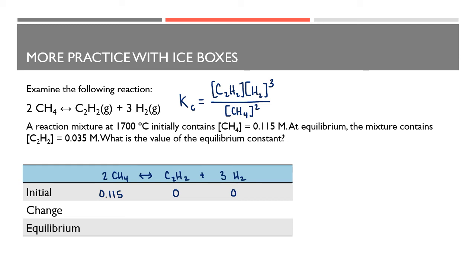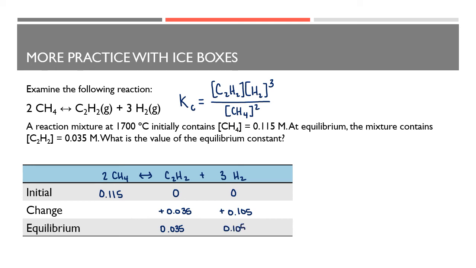So I'm entering in my initial values. I started with the reaction, I'm entering in my initial values, and then the final value that I know. I can use this final value to figure out everything else because I know that I'm gaining 0.035 molar of the C2H2. So I'm going to look at the coefficients now, and I know that I will gain 3 times as much hydrogen.